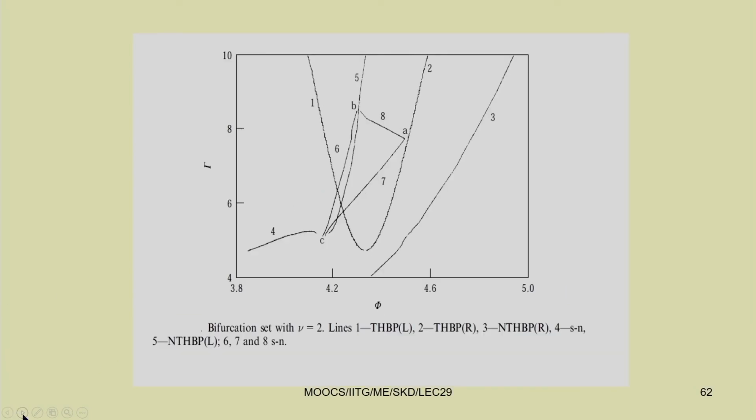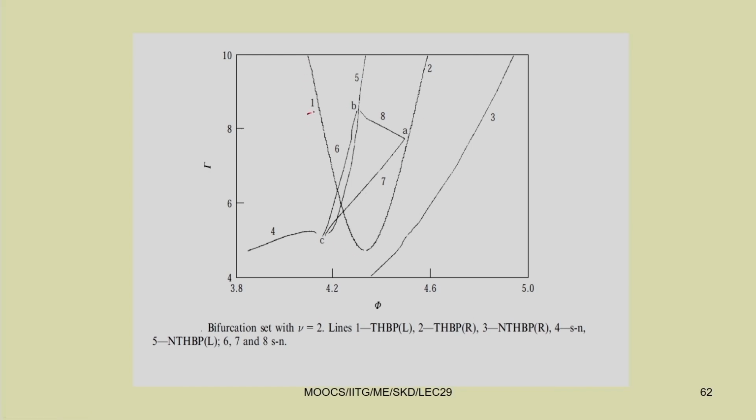Similarly, if you are interested, you can plot the bifurcation diagram. Here the bifurcation diagram is plotted in the phi and gamma plane. Phi is the frequency of external excitation and gamma is the amplitude of external excitation. For example, let us take the curves marked 1 and 2.